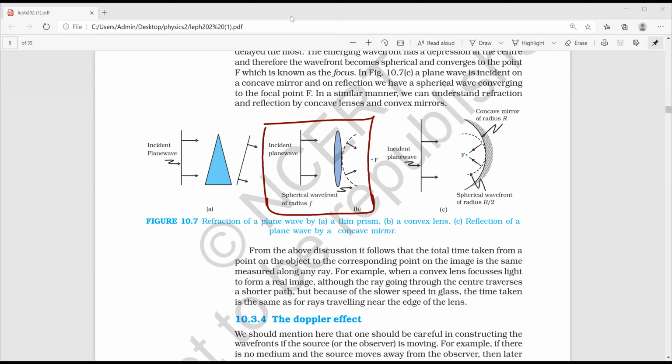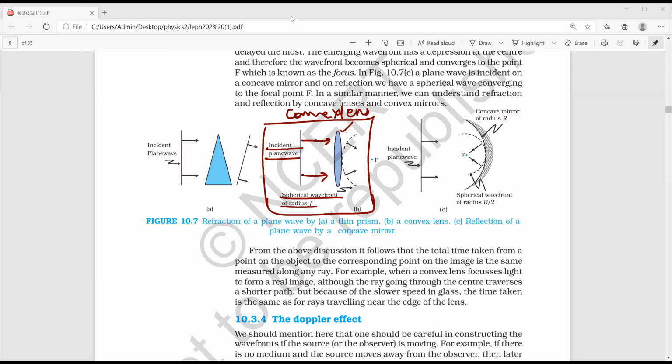This is the convex lens shown here, and this is the incident plane wavefront passing through it. Here this is the spherical wavefront of radius f, shown with the help of a dotted line.